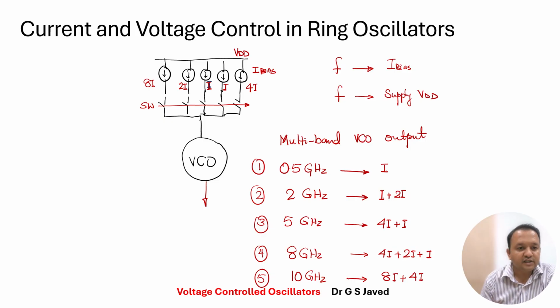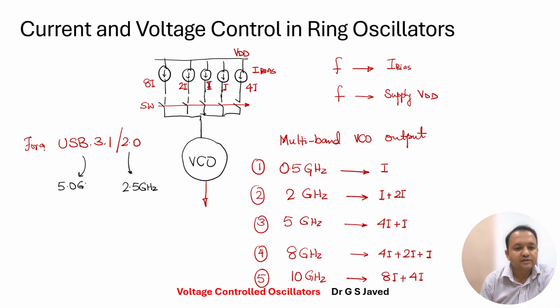Now this kind of topology is very frequently used in wireline and wireless systems. For example, if you use a protocol like USB 2.0 and 3.1, you know that the frequencies needed by both are different. For example, 2.0 could be working at, say, 2.5 gigahertz, and USB 3.1 might be working at 5.0 gigahertz.